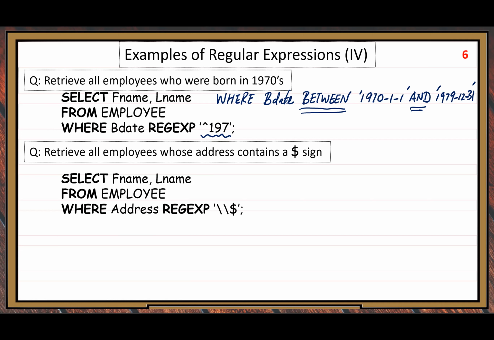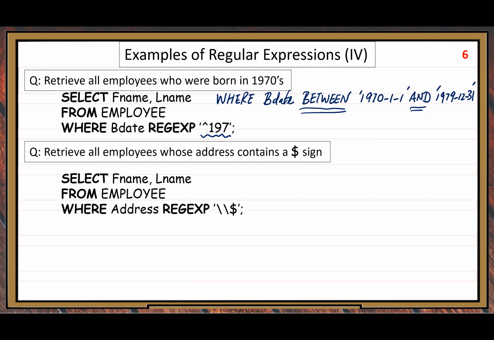So here, this backslash escape, but we need to repeat it twice. Double backslash. Because the first time, we want to use the backslash as that special escape character.